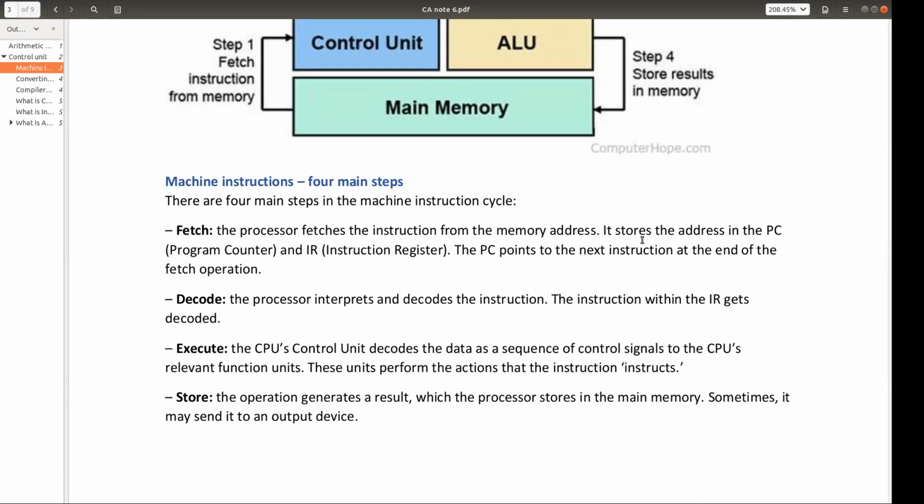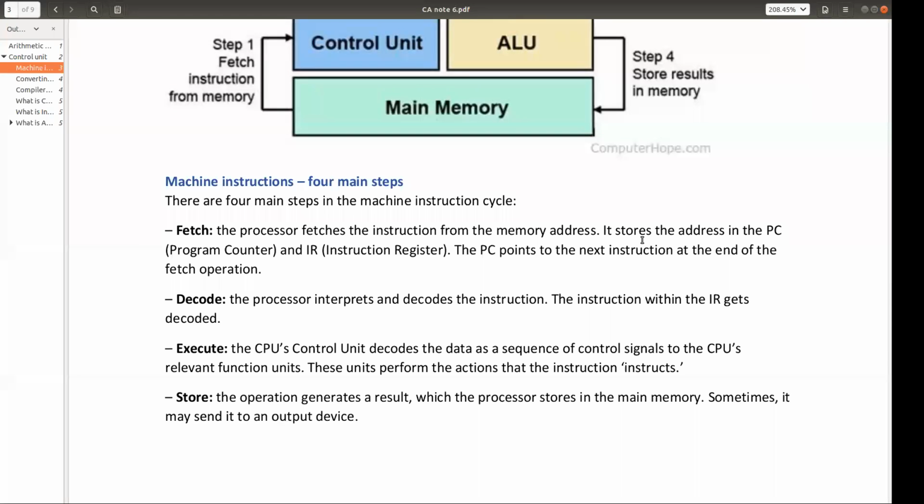Program counter stores the instruction which will be executed next by the computer. Again I'm repeating: program counter stores the instruction which will be executed next by the computer.